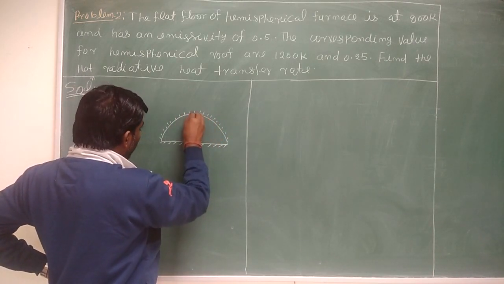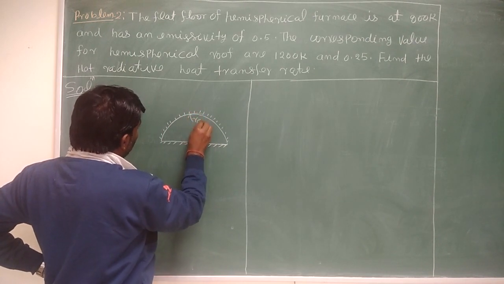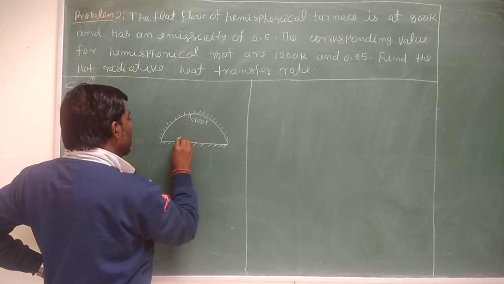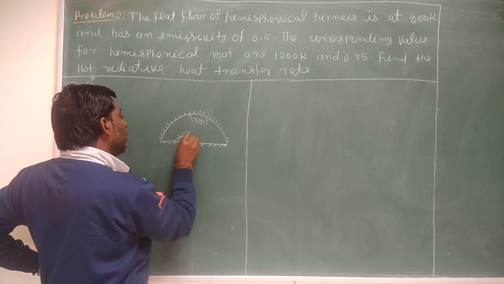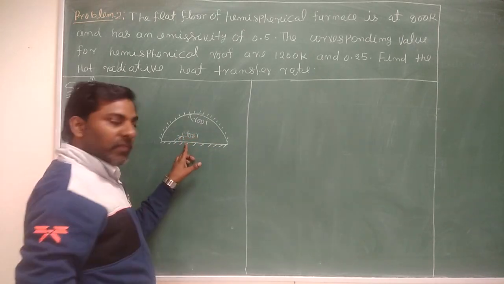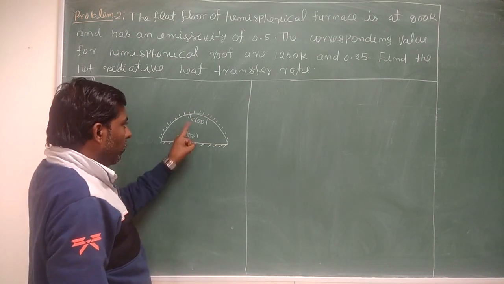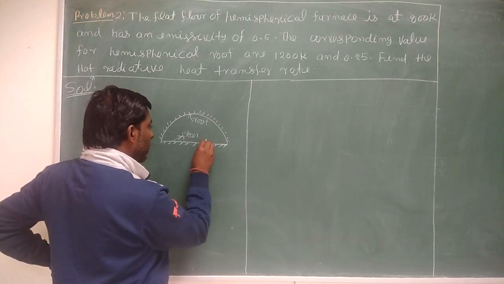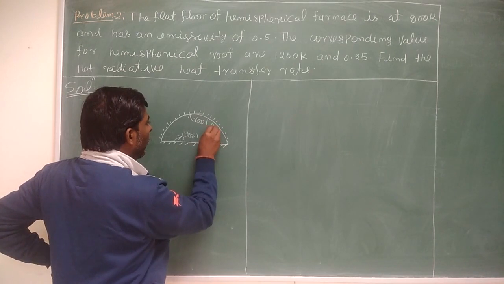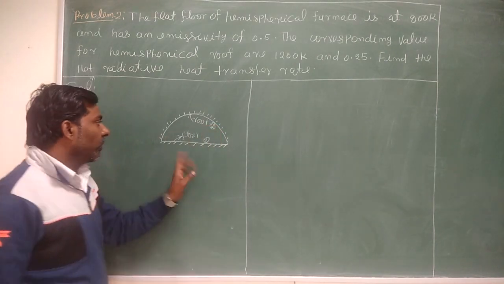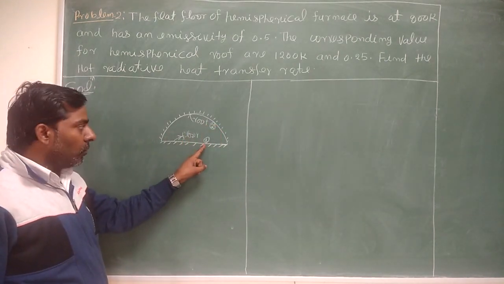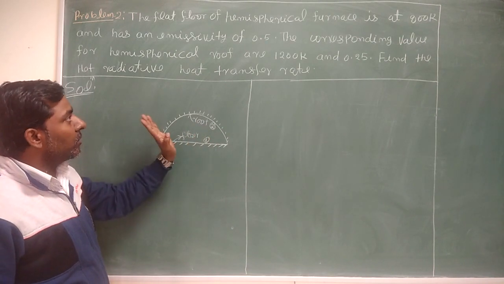So the floor is flat and the roof is hemispherical. Let us say this floor is surface number 1 and this roof is surface number 2.